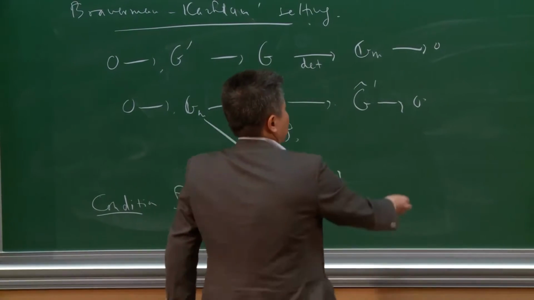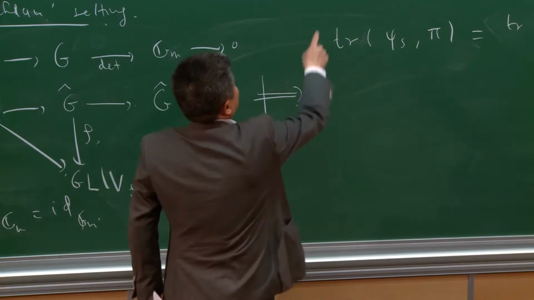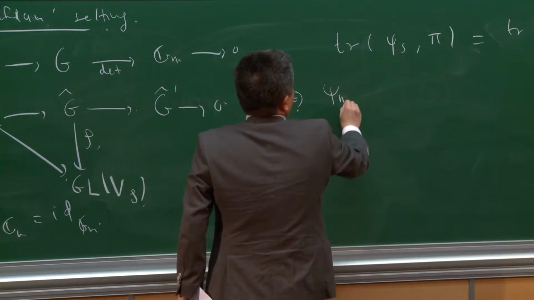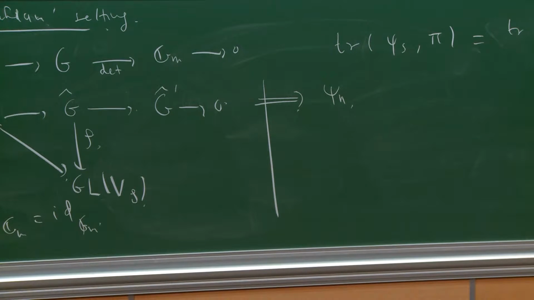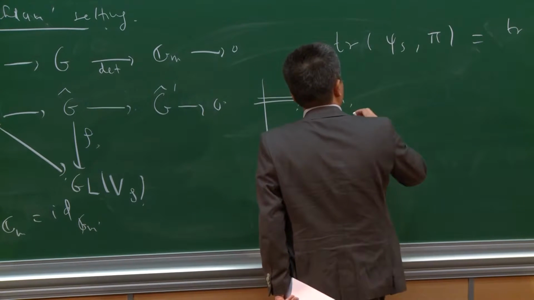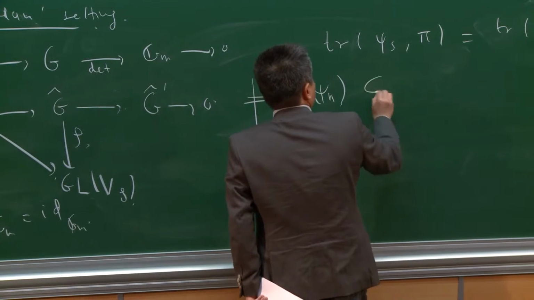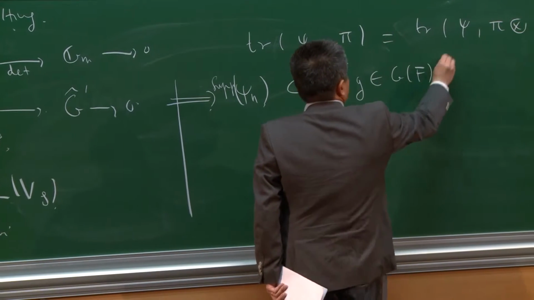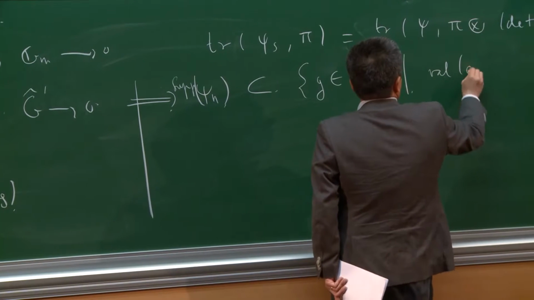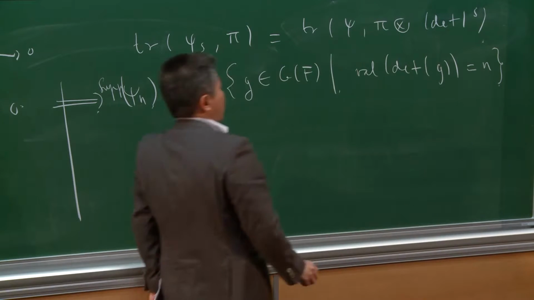And with this condition, it implies that psi_n, whose Satake transform is the trace on the n-th symmetric power, is supported on the matrices g in GL(F) such that the valuation of the determinant of g is equal to n.